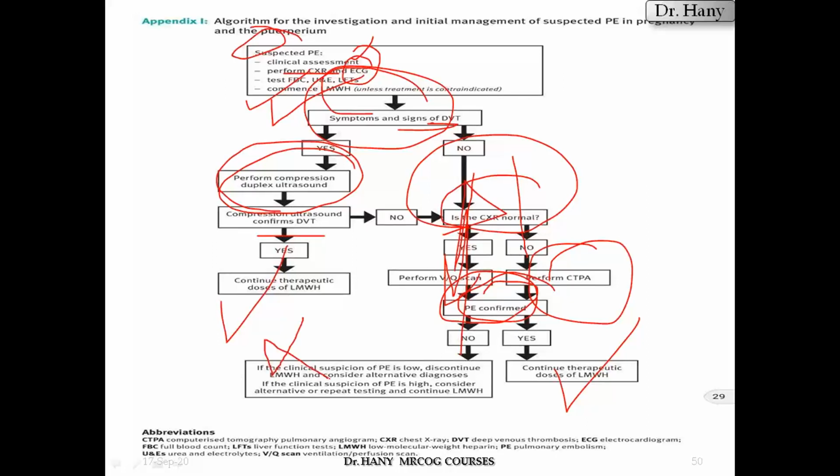So stop and consider another diagnosis. But if your clinical suspicion is still high, even if all are normal, continue. If clinical suspicion is high, consider alternatives and continue low molecular weight heparin.